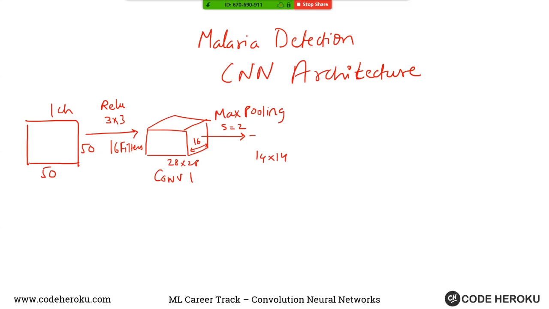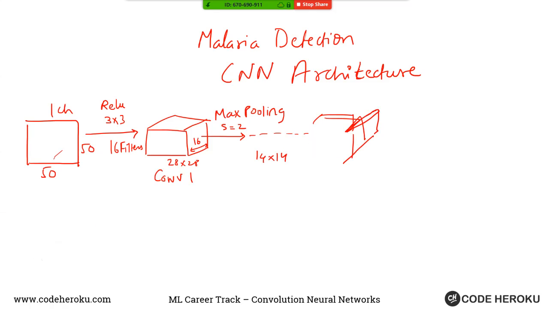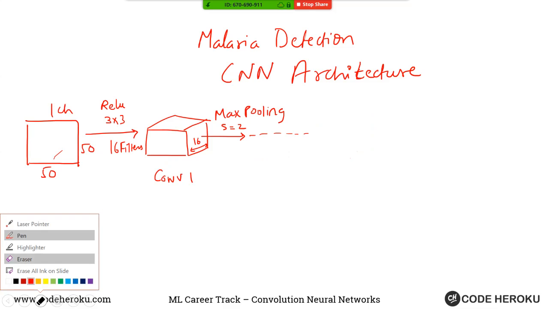We'll pass it through max pooling, and we'll do one more layer of convolution. That would also give us even deeper volumes, right? I'm doing a bad job at this, so let me make sure I do it properly. We are not sure what this number is, but we'll halve the volume by using max pooling.